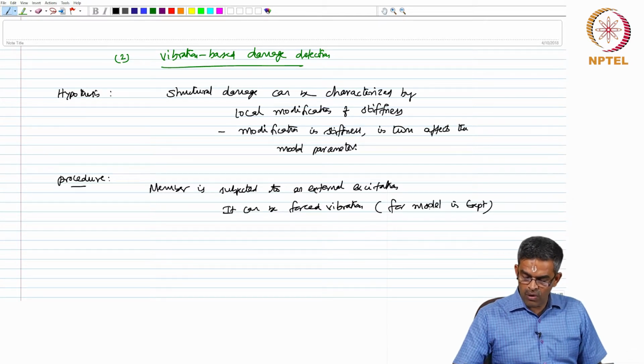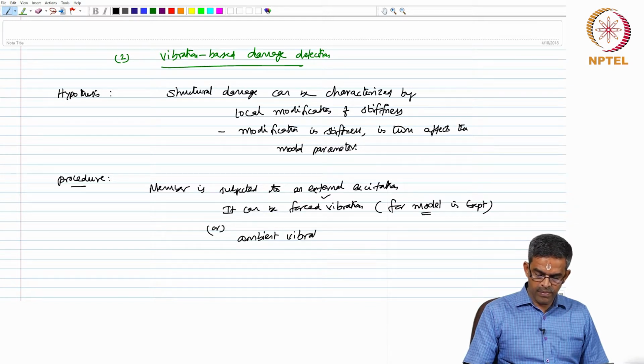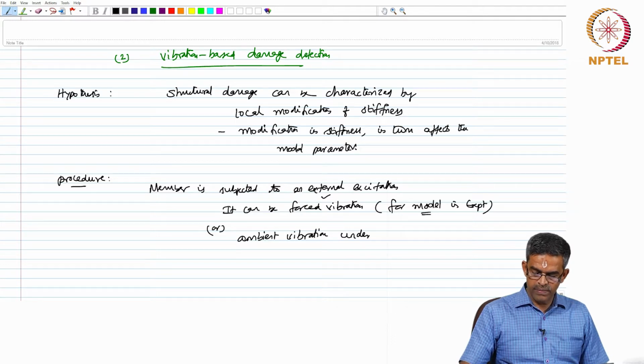For model scale one can create a forced vibration, or alternatively it can be an ambient vibration under the natural loading cases.